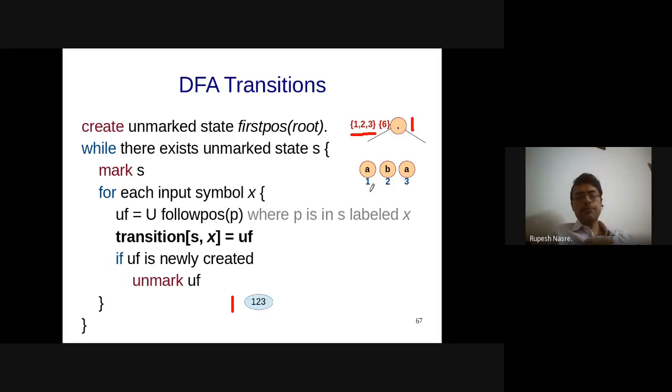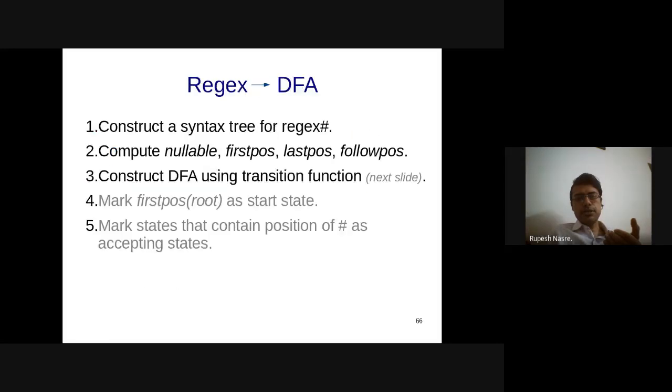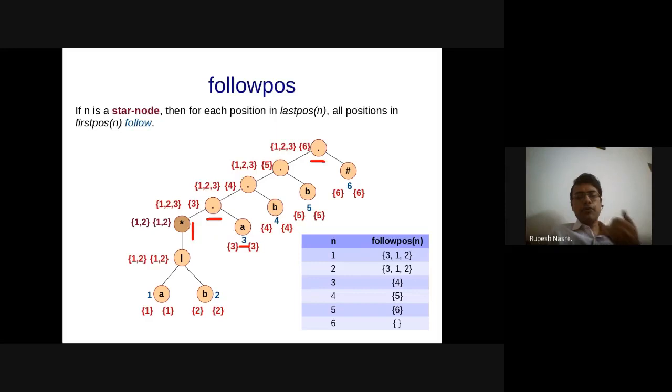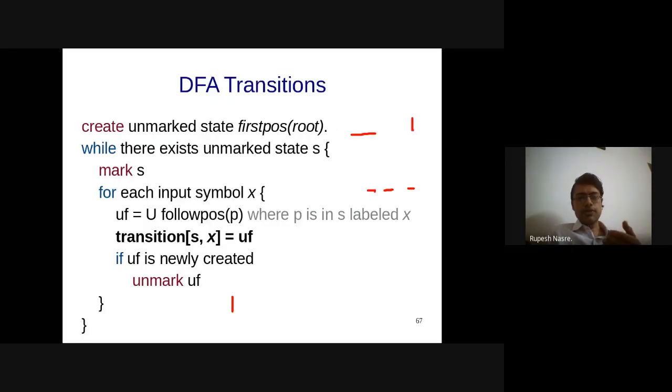What this means is that I have two input symbols, A and B. When I am considering A, I need to consider 1 and 3. When I am considering B, I need to consider followpos of 2. Followpos of 1 and 3 is something which we have created on the previous slide. Let me just go back, sorry. Yes, followpos of 1 and 3 was 1, 2, 3. So that is what we will do here.